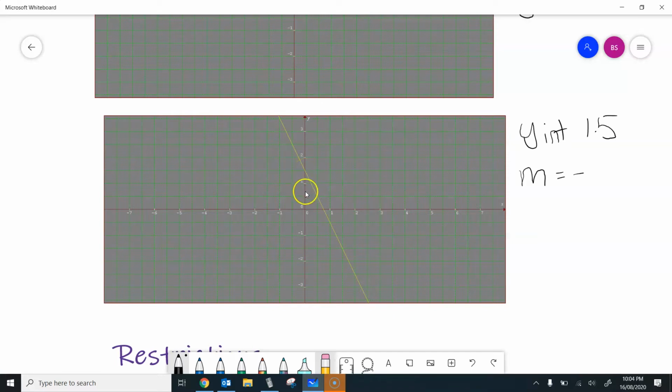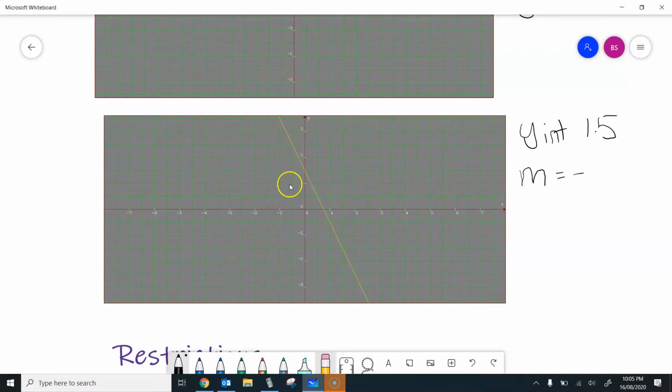And you could find the slope, the actual gradient. If you wanted to pick 2 points, you could pick, say, this point up here, negative 0.5, 2.5, and the coordinate here, which is 0.5, 0.5, and you could find the rise over the run.